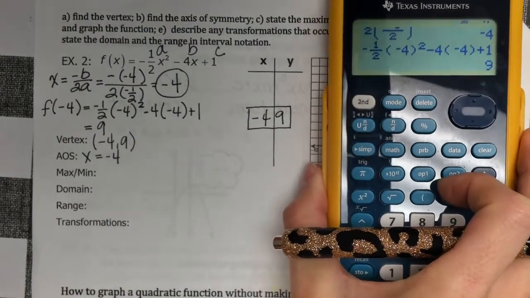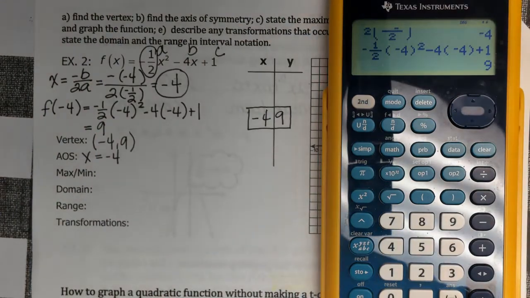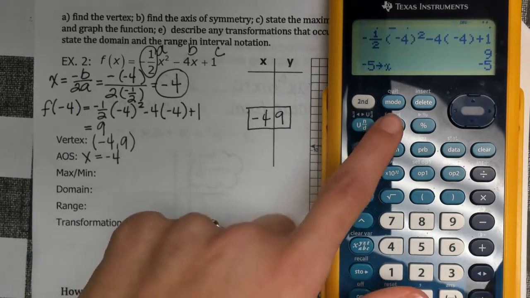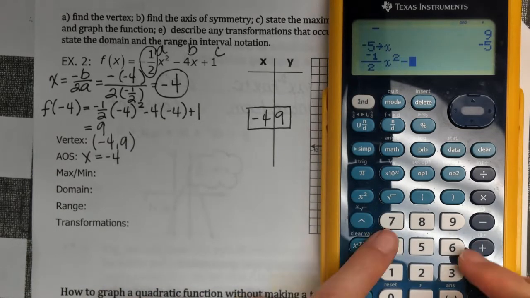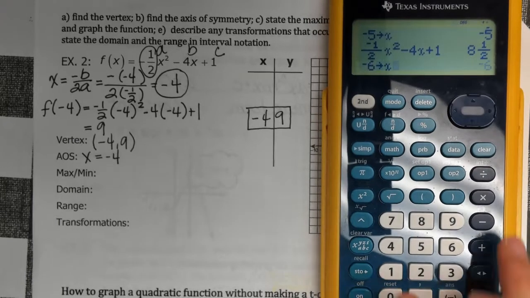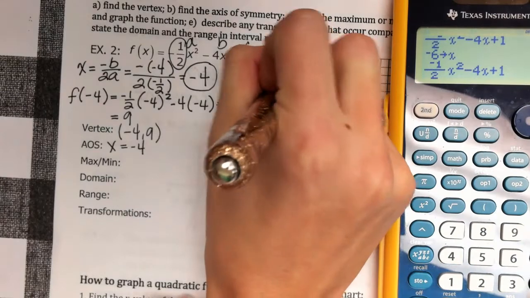Now, I've got a fraction for my a. That means if I were to store -5, what do you think is going to happen? A decimal or a fraction. Okay, am I going to use that? No. I'm going to skip to -6. I get my whole number, so that's what I use.